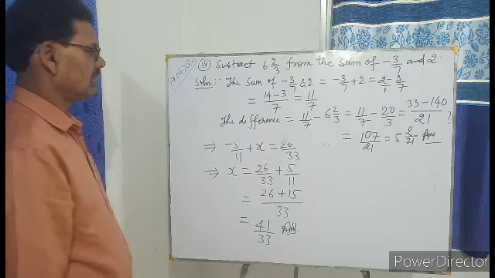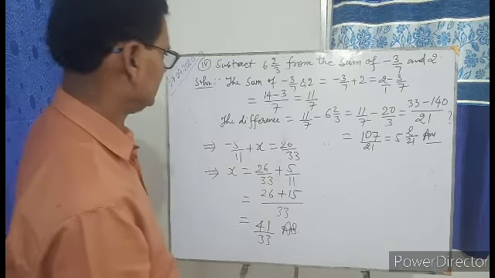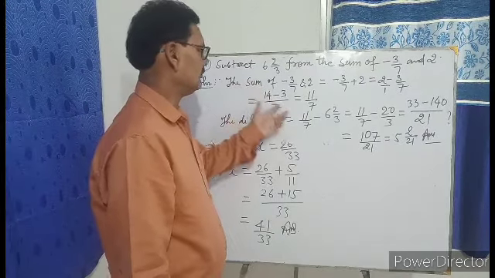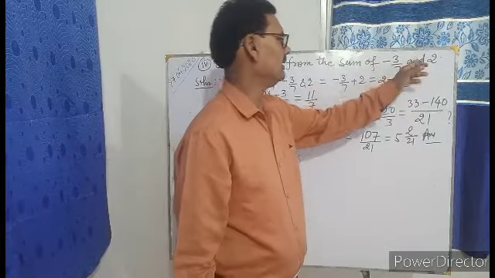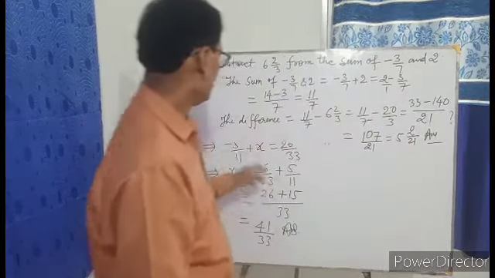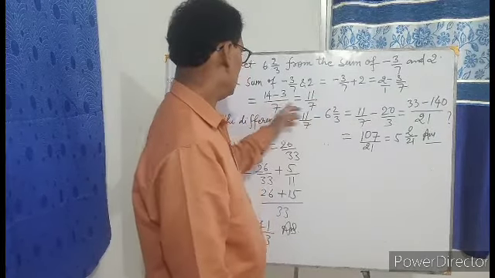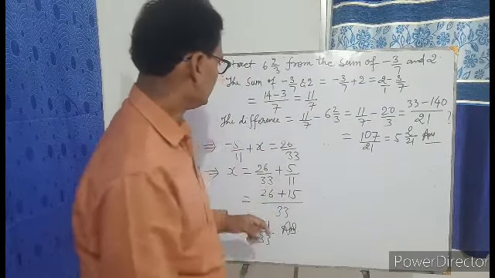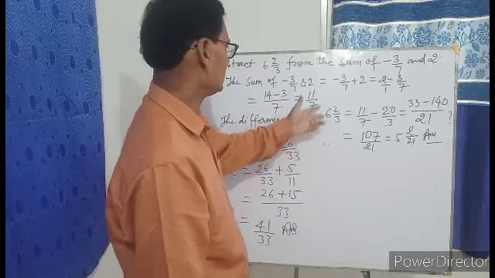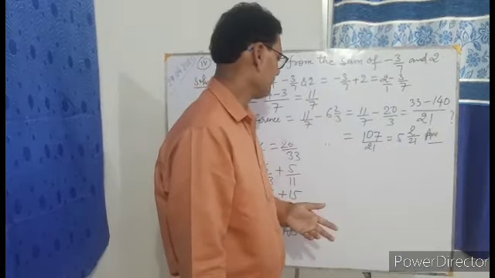The sum of the numbers minus 3 by 7 and 2 is 11 by 7. Now, from this 11 by 7 we have to subtract 6 whole 2 by 3.